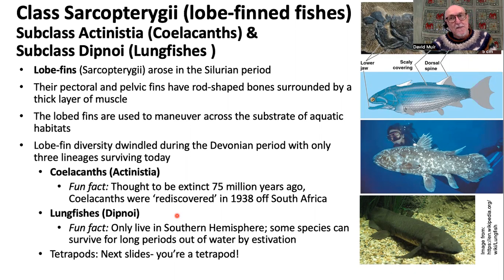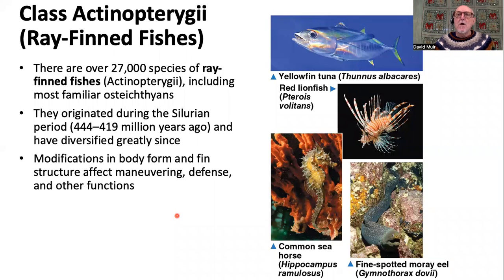So there are two really important things about this group which make them of interest to us in evolutionary terms. The first is they have a completely different fin structure to the ray-finned fishes. The ray-finned fishes have many, many bones that make up a fin, and they are arranged in a fan-like fashion to create a swimming surface.